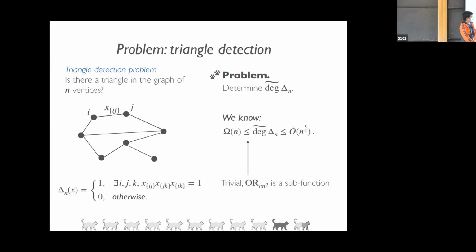And this is the only thing we know. The upper bound follows from a highly non-trivial quantum argument, which gives n to the 1.25. So that's all we know about this problem.